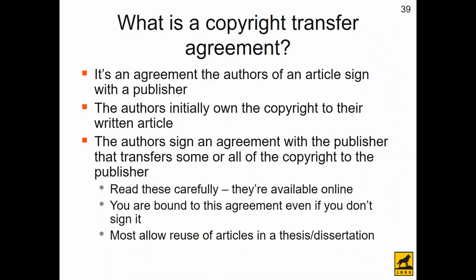And so read them carefully. They're often available online to read before you sign them. Many publishers also will have on their website something called an author rights agreement, which will tell you for all the journals published by Elsevier or Wiley or somebody else what they allow authors to redo.